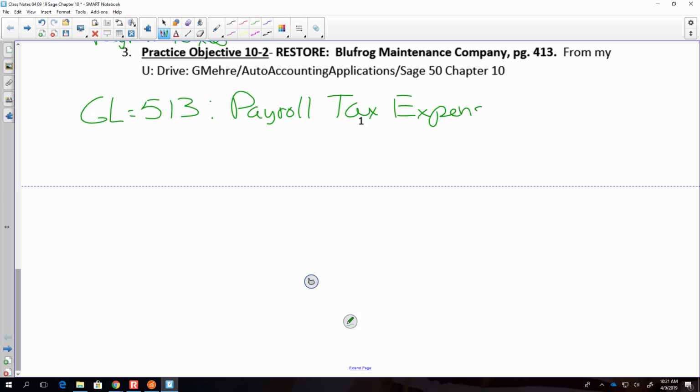Payroll tax expense. 513 is only used on the employer taxes, right? So Social Security, Medicare, the half, the unemployment taxes are all employer taxes only.